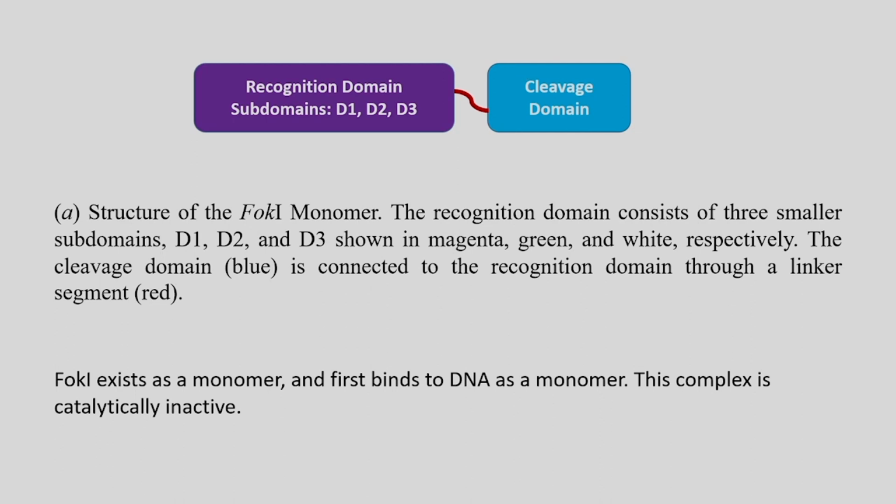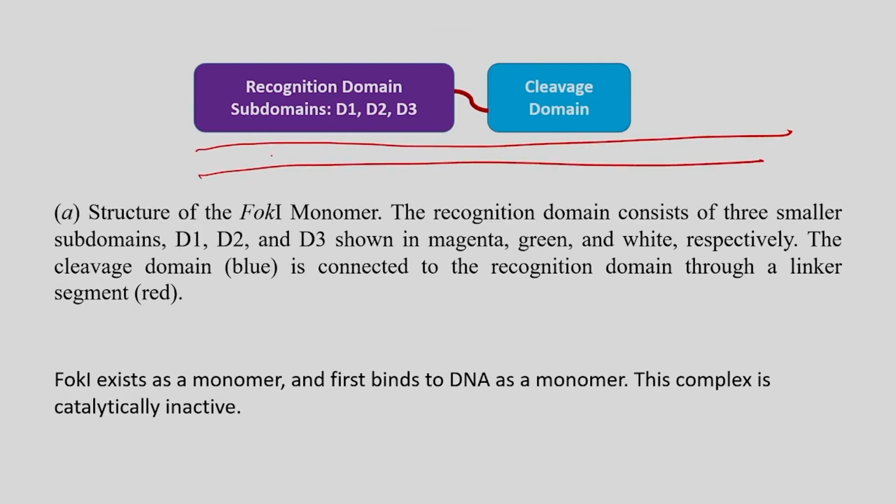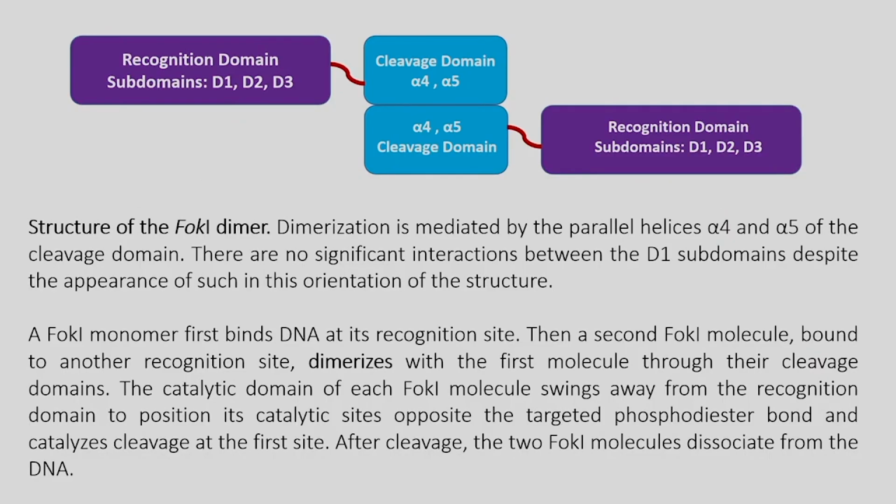FokI exists as a monomer and first binds to DNA as a monomer. This complex is catalytically inactive. So, first this particular monomer will bind to a DNA strand, okay, as a monomer, and then another FokI will bind on the other strand later.